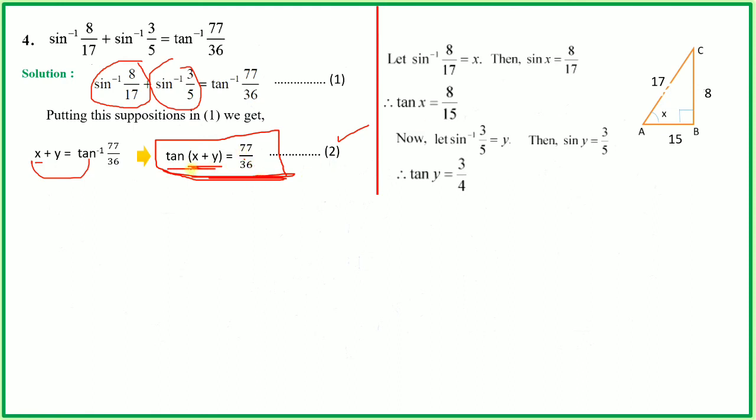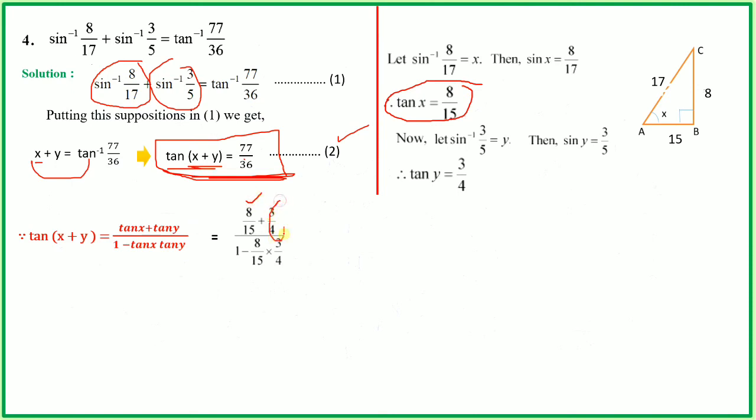We have this formula in general trigonometry, tan a plus b is equal to tan a plus tan b upon 1 minus tan a tan b, that we are going to use here. So tan x plus y is equal to tan x plus tan y upon 1 minus tan x and tan y. We'll substitute all these values. Tan x is equal to 8 upon 15 and tan y is equal to 3 upon 4.